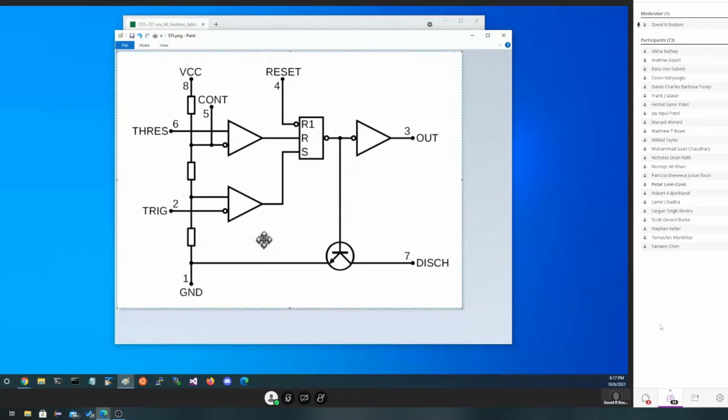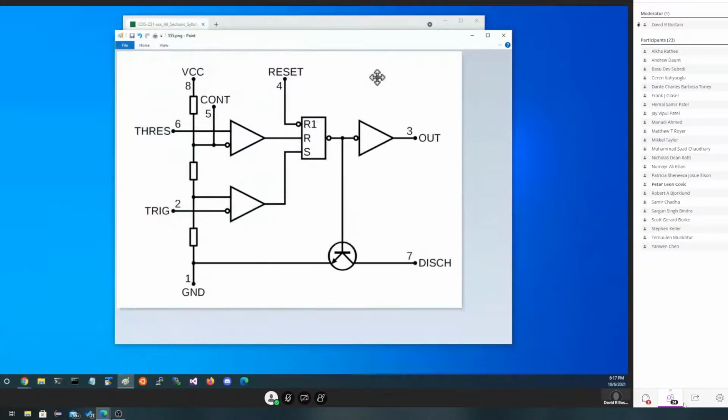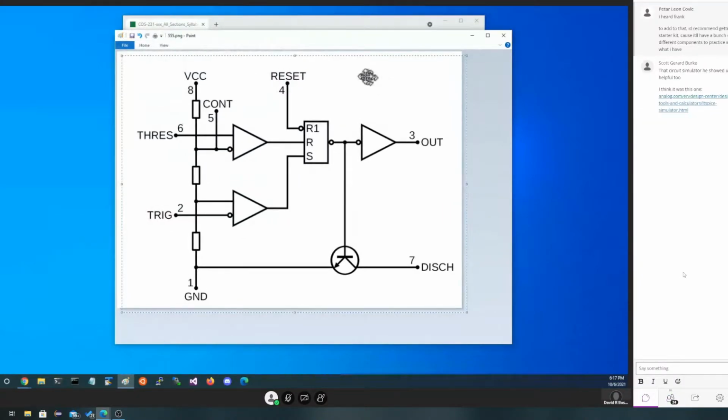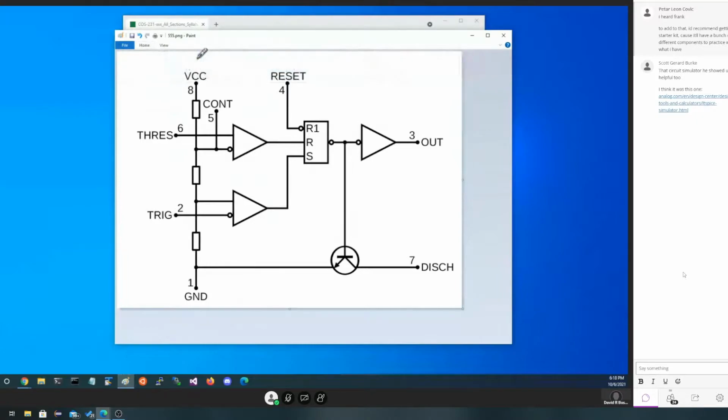Now we should, I'm in Paint right now. We'll see if I can write on this.